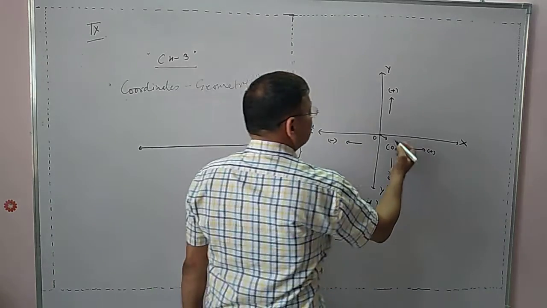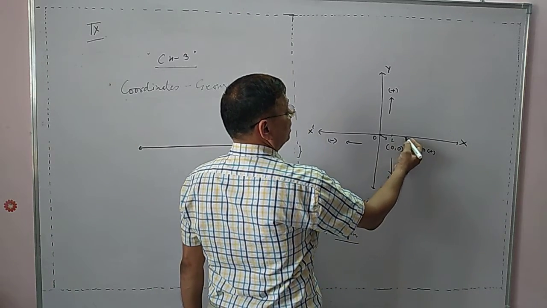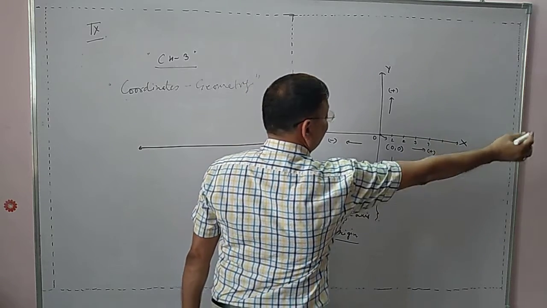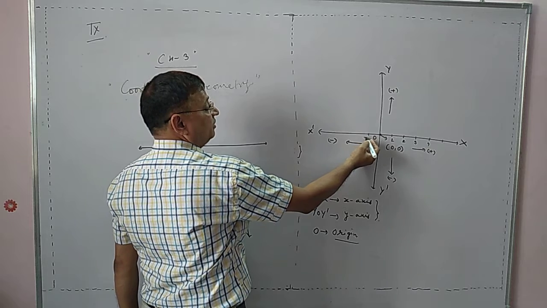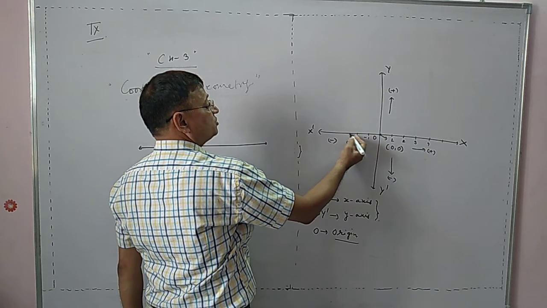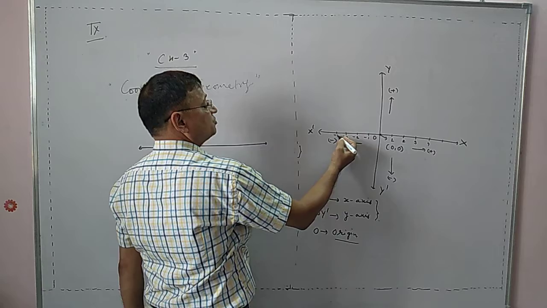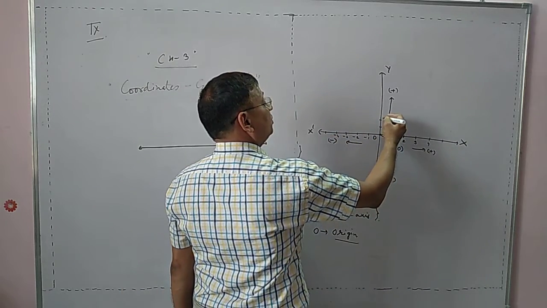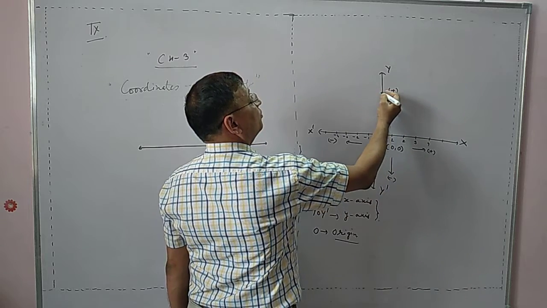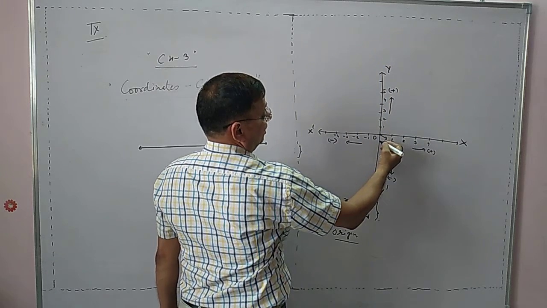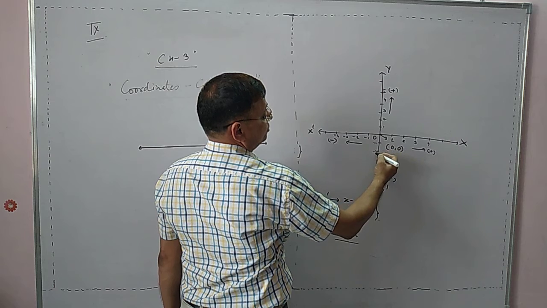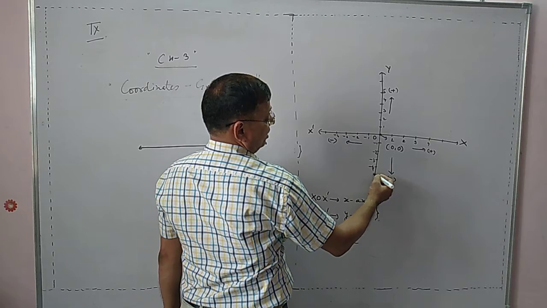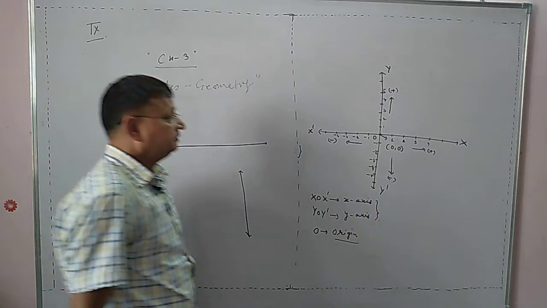Graphically, suppose we take positions 1, 2, 3, 4 and here the coordinates -1, -2, -3, -4, and for the y-axis 1, 2, 3, 4, 5 and here -1, -2, -3, -4 and -5.